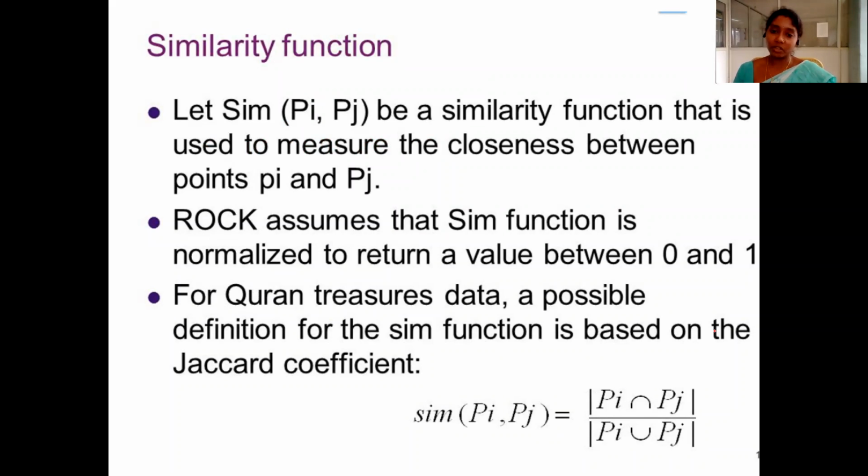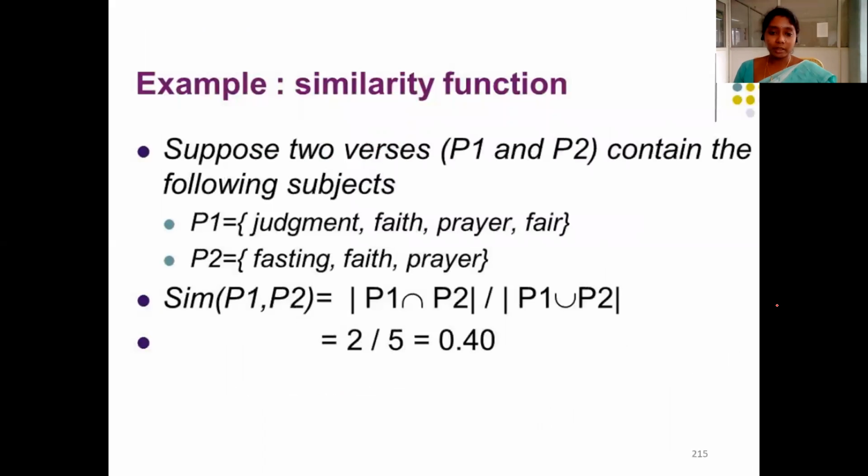Here initially point and cluster are the same. Particularly, the ROCK algorithm uses the Jaccard coefficient for calculating the similarity among the clusters. It is defined with this formula, and by using it we can calculate the similarity among the clusters. For example, you have 2 records. What is the Jaccard coefficient here? The similarity between P1 and P2 is P1 intersection P2 divided by P1 union P2.